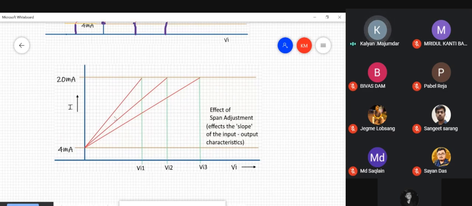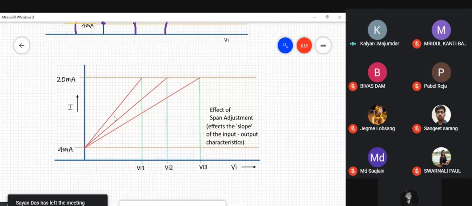So the effect of span adjustment, mathematically speaking, is to alter the slope of the line that represents the input-output characteristics. I repeat, the effect of span adjustment in a transmitter mathematically is that it alters the slope of the line that represents the input-output characteristics.